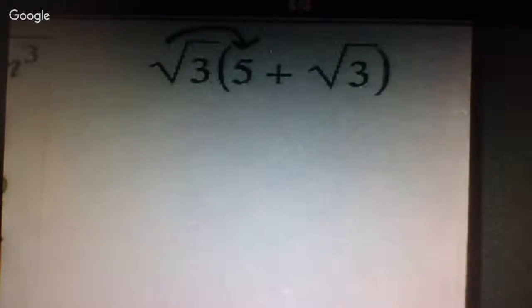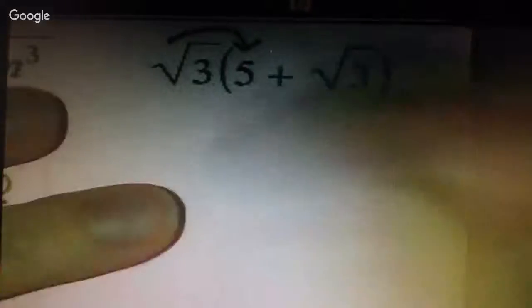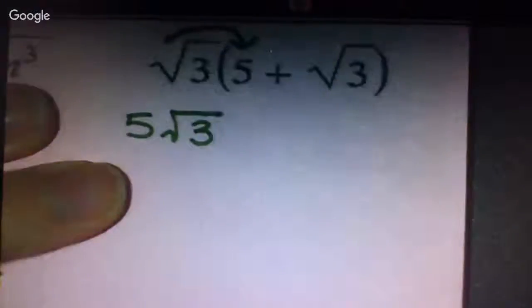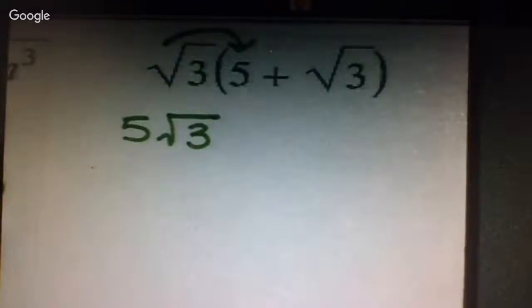So what am I multiplying 5 by? 1. So when I distribute this, this is 5 square roots of 3. It's really easy to do a square root times just a number. That number multiplies by the coefficient in front of your square root.